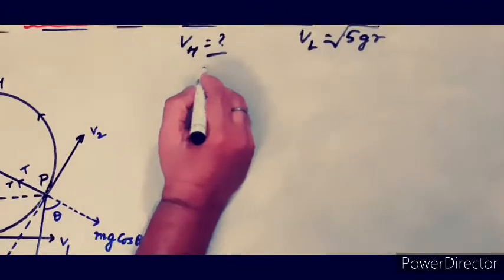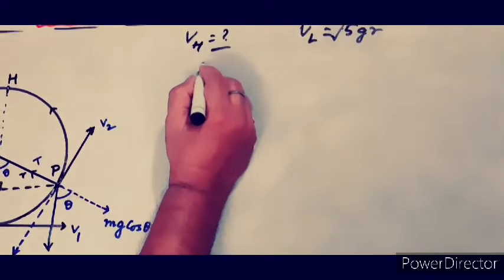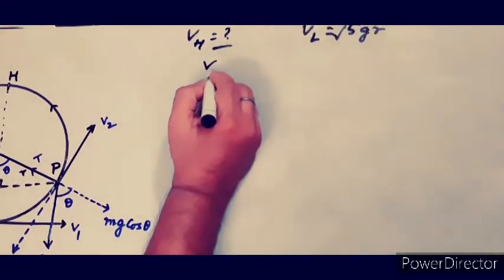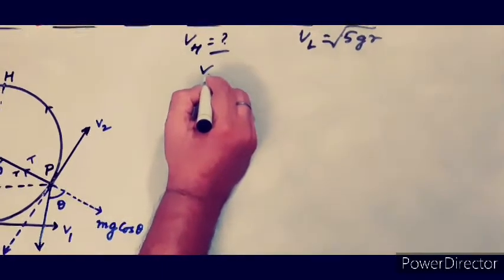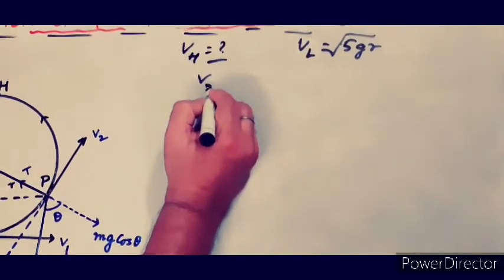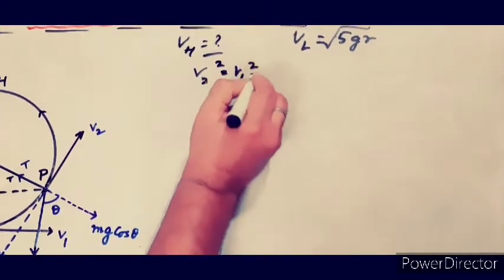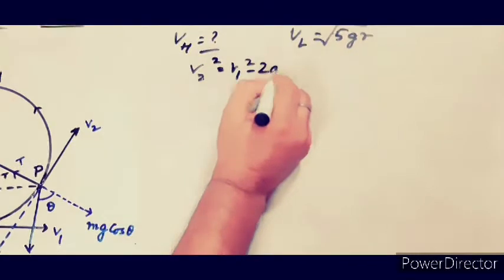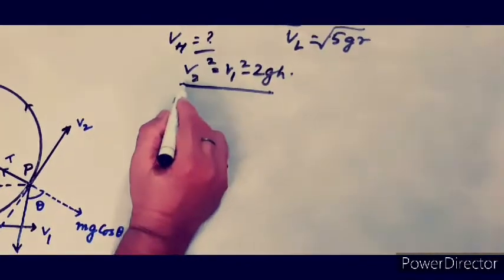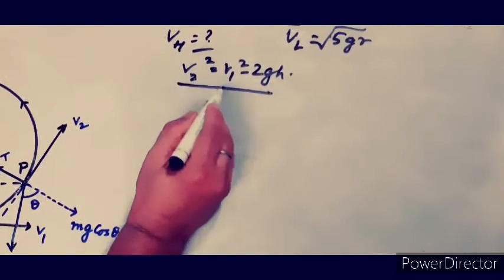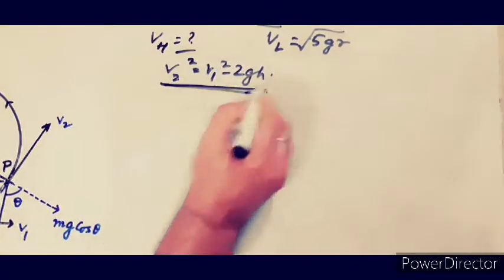And how to find the VH? For that, one equation we found initially, equation number 3 or 4: V2 square is equal to V1 square minus 2gh. V2 means the final, that is the VH, V1 means the initial.